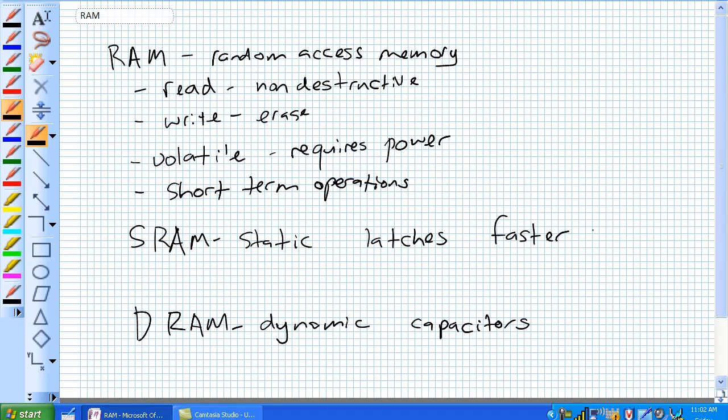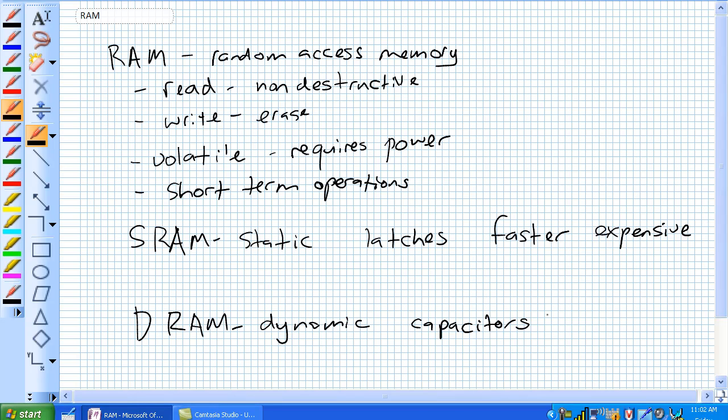Okay, so SRAM, it's a little faster, but more expensive. DRAM, a little slower, but cheaper, and it's a smaller size. Okay, and we'll discuss why these things are.